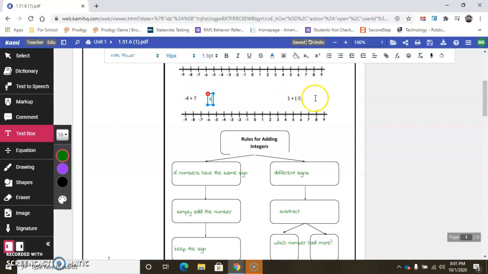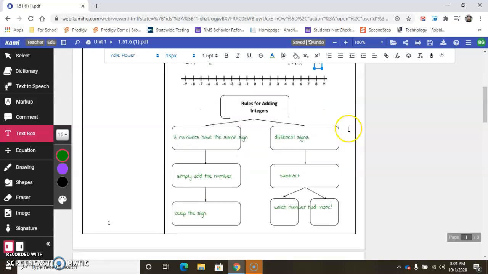Just like this one. 1 plus -5. The signs are different again, so we subtracted 5 minus 1 and you get 4. But then again you look, are there more positives or more negatives? In this case there's more negatives, so your answer is negative.